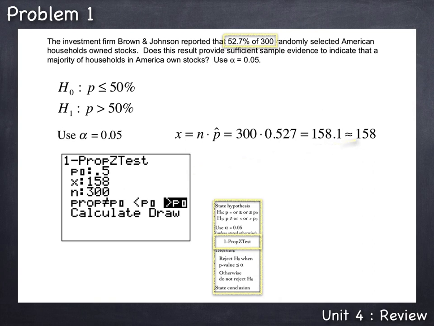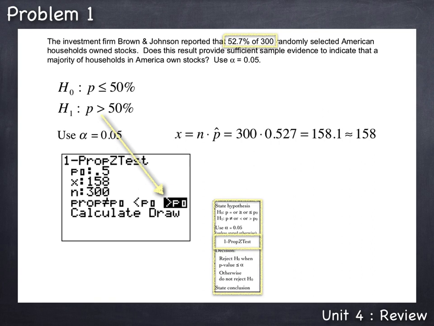So with 158 entered in for X and 300 entered in for N, we then move the blinking cursor to the next line where we have to tell the calculator what comparison we have in our alternative, or H1, hypothesis. There's only three choices. H1, the alternative, either includes a not equal to, or a less than, or a greater than comparison. Looking at the H1 alternative in our problem, we see that P is greater than 50%.